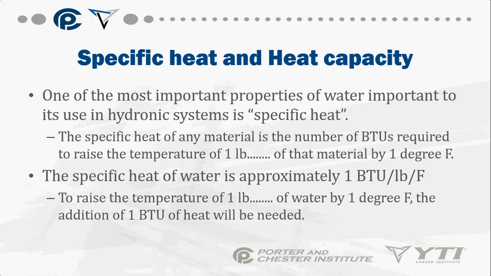Fire and water. Water has been around the longest. So we use water as that calculation of specific heat of 1: 1 BTU per pound per degree. Remember that number. Water has a specific heat of 1.